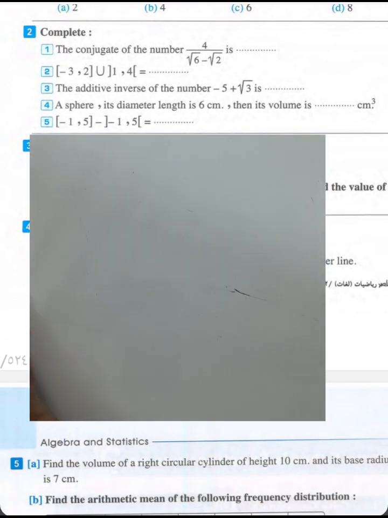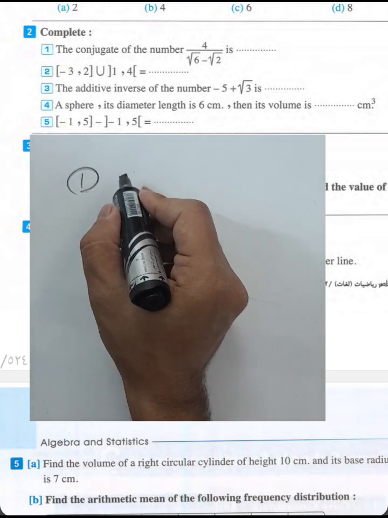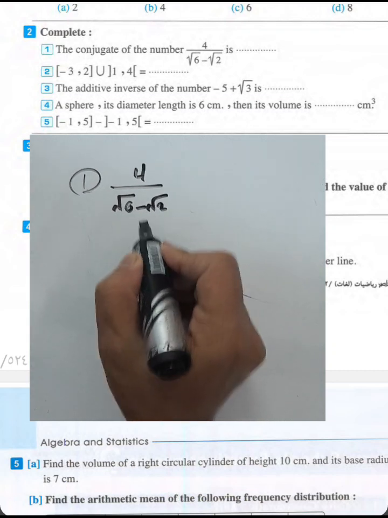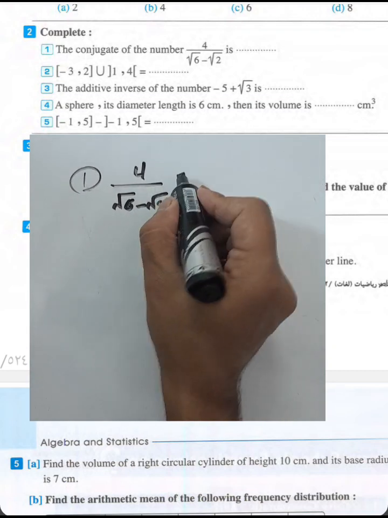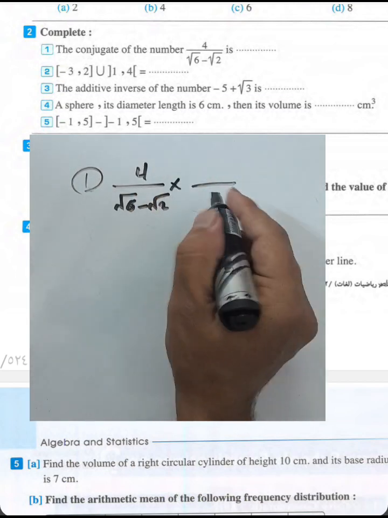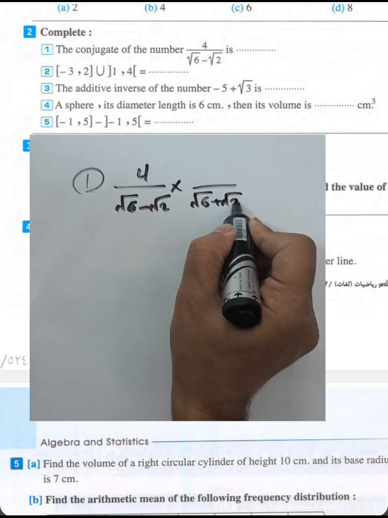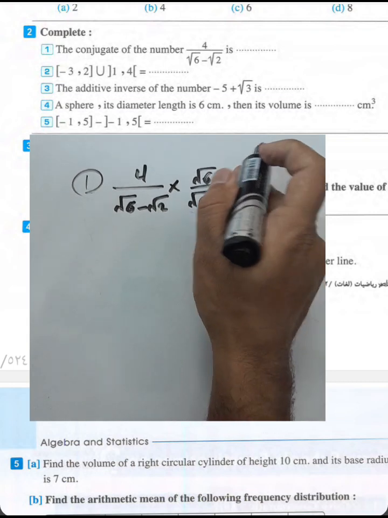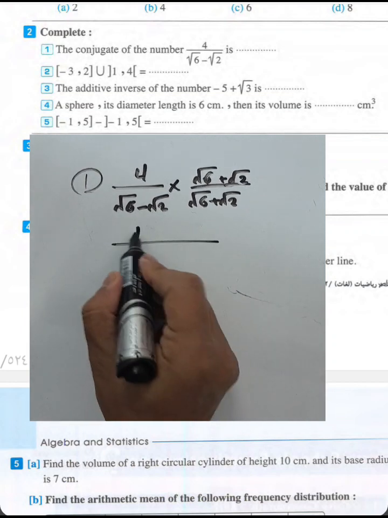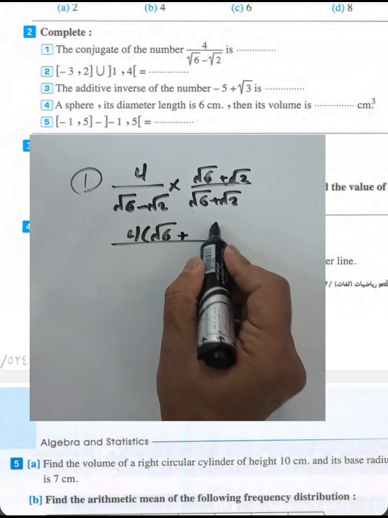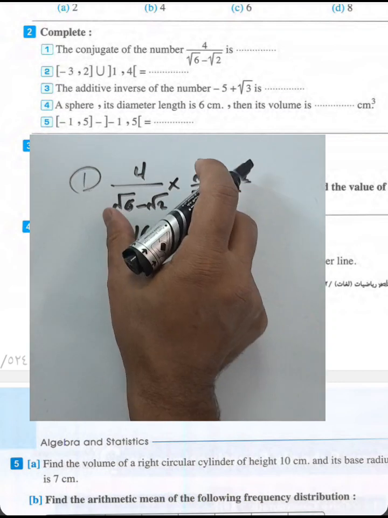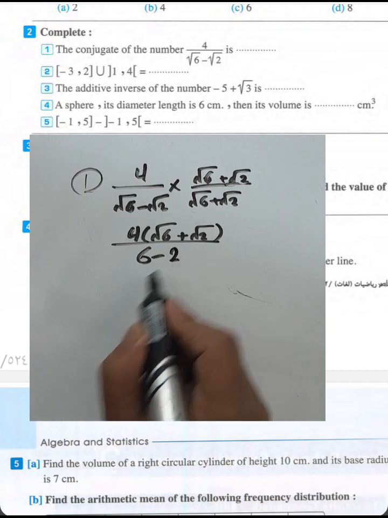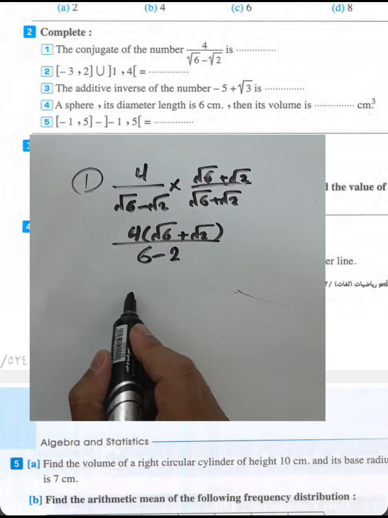Number 1. The conjugate of the number 4 over root 6 subtract root 2. First step, we must cancel this denominator by multiplying by the conjugate of the denominator, root 6 plus root 2, multiplying numerator and denominator. Then write 4 outside, then write root 6 plus root 2, and in the denominator root 6 times root 6 will be 6, and root 2 times root 2 will be 2, then 6 minus 2 will be 4.